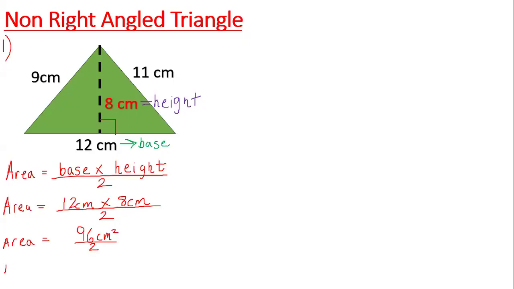So area is gonna be equal to, what is 96 divided by 2? 48. Very good. 48 centimeters squared.